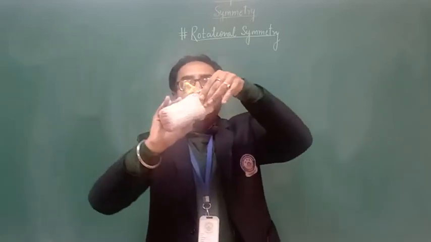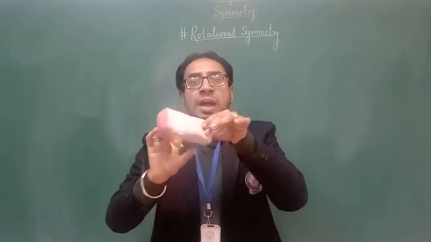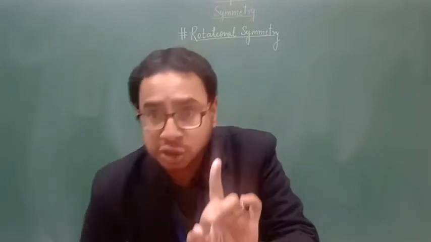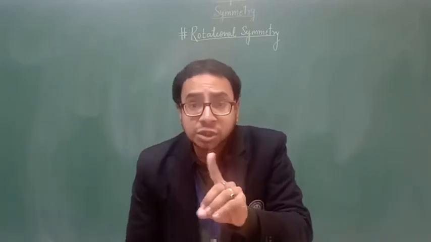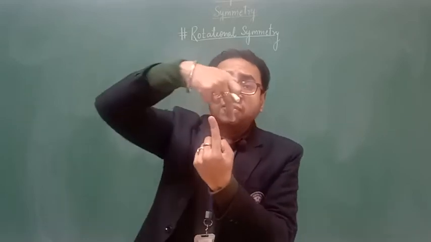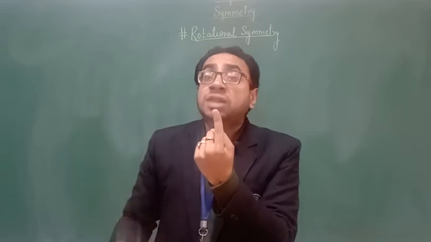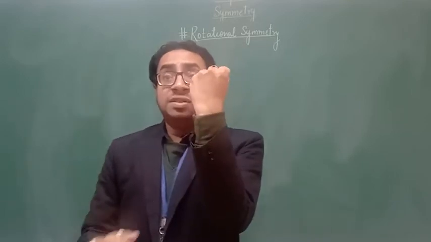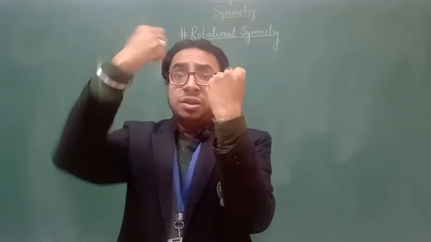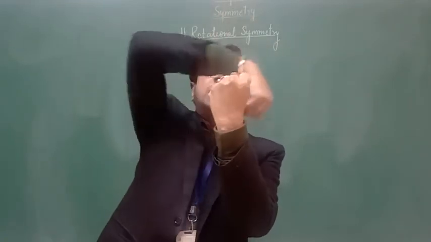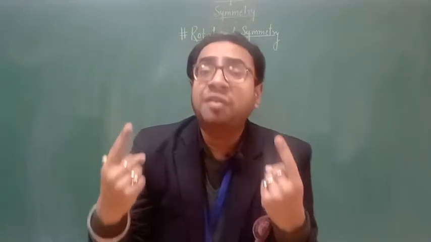Can you see what is happening? This object is rotating about its own axis. Again, I'm repeating, rotation is about its own axis. But if this object moves around another object, that's called revolution.